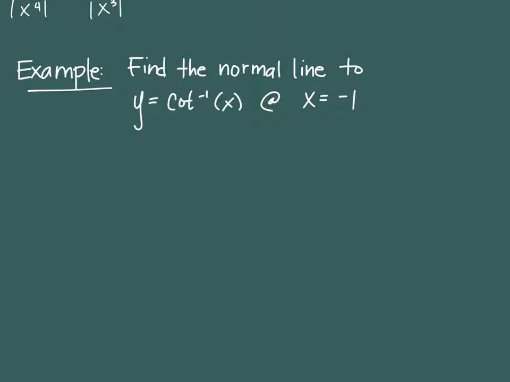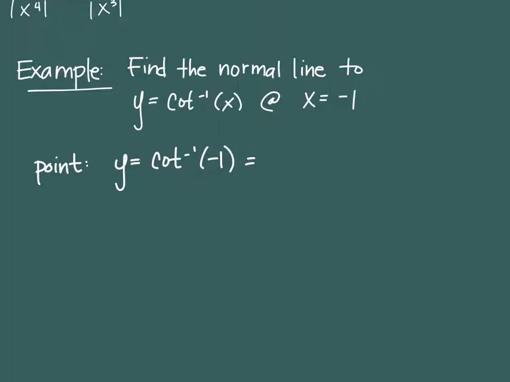So first we need the point. To find the point, we're just going to plug -1 in. So y equals the inverse cotangent of the value of -1. The domain is not specified here, so I can answer this in quadrants 1, 2, or 4.